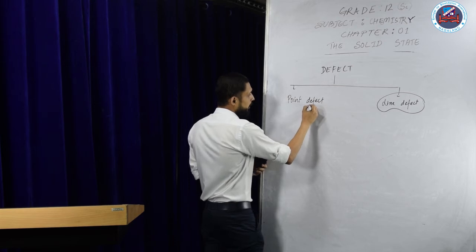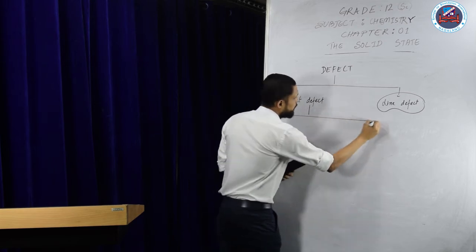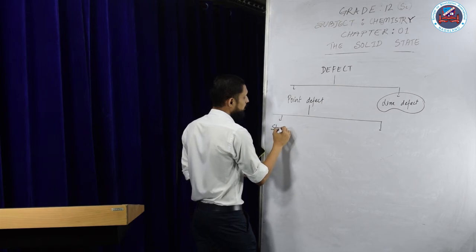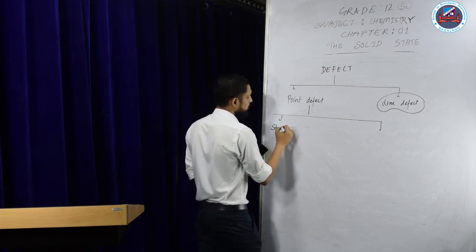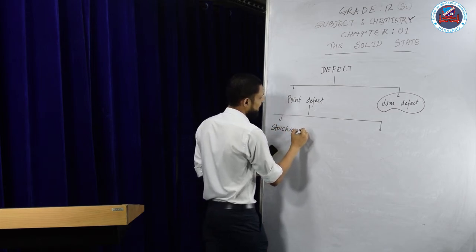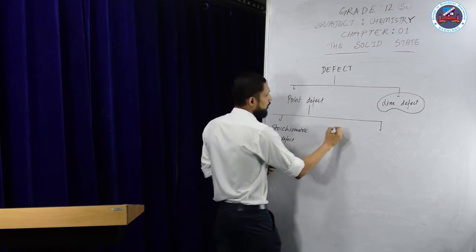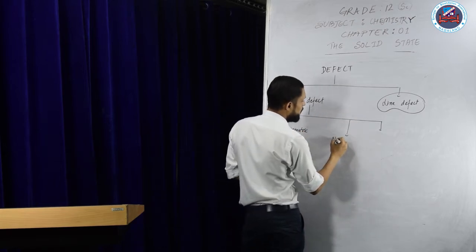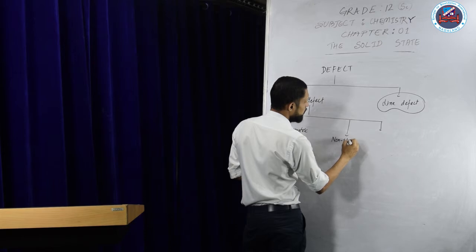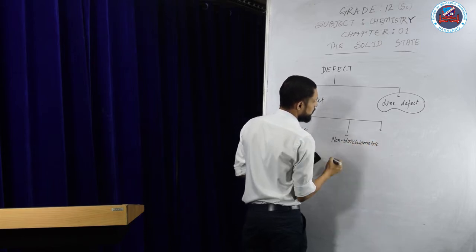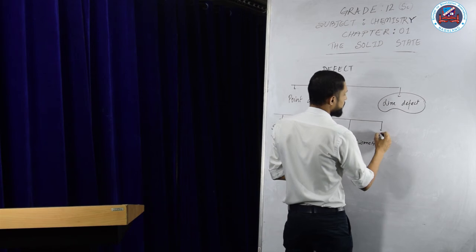Now, point defects are further classified into stoichiometric point defect, non-stoichiometric point defect, and impurity defect.